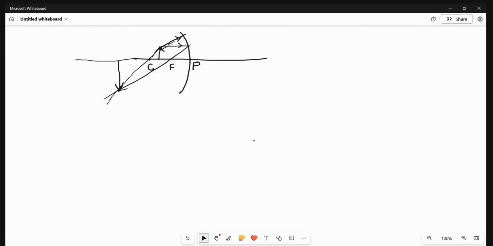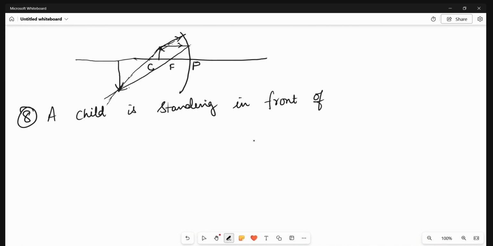Next one. You people tell the answer for this next question. Write down the question. A child is standing in front of a magic mirror.